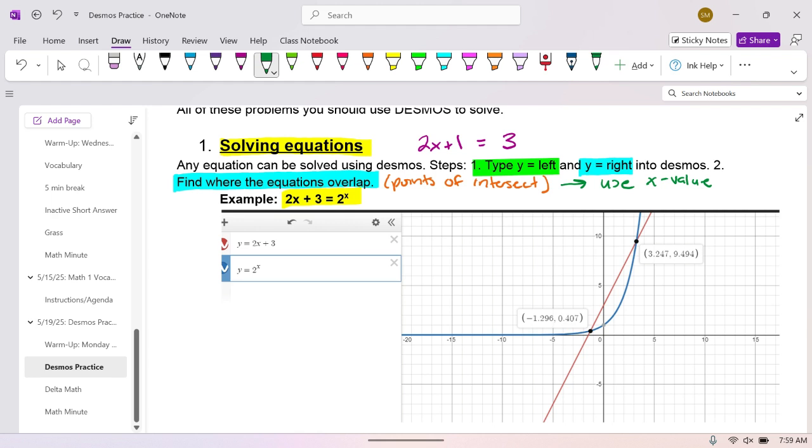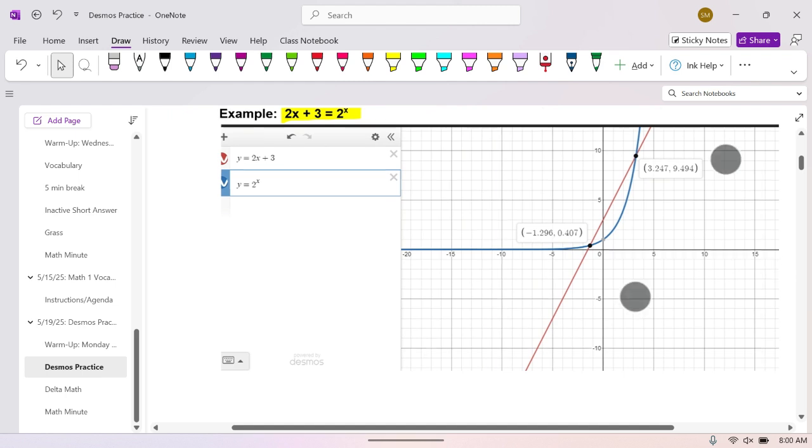So guys, when we solve an equation, what do we typically solve for? What variable? X. So that's why you use the x value of the point. Because remember, with a system, you get 2 points. You get the x value and the y value. But we only care about the x value.